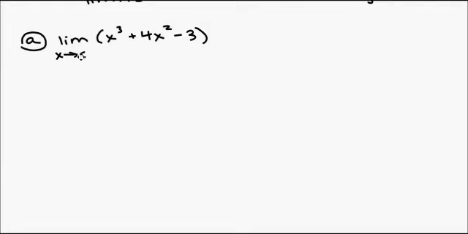Our first problem here, we want to know the limit as x tends to c of x cubed plus 4x squared minus 3. And what I notice here are we have a plus sign and a minus sign. So we're going to use sum and difference rules to break this up.